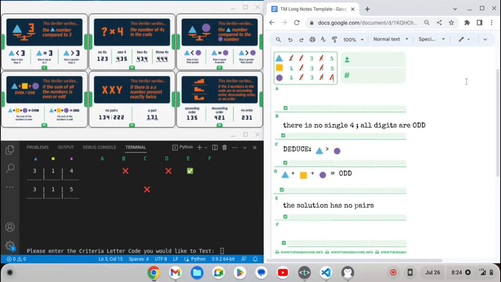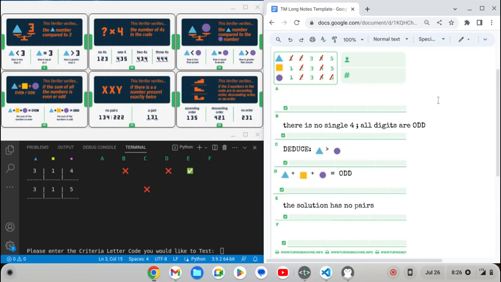If I knew it was ascending, that would mean that triangle had to be smaller, and this would become irrelevant, and vice versa. Or similarly, if it's descending, then I know that triangle is larger, but still making this irrelevant. So it is definitely no order.